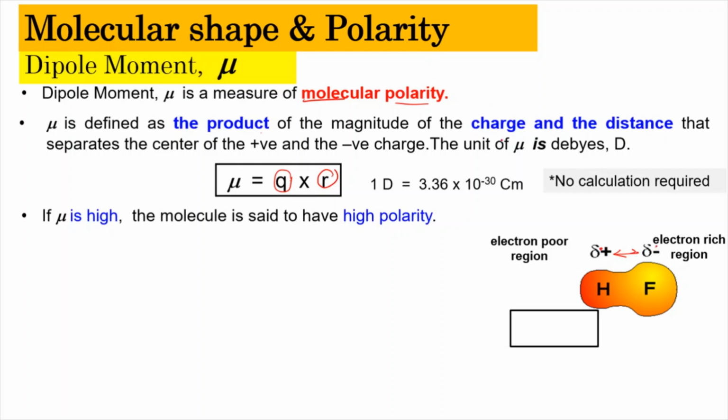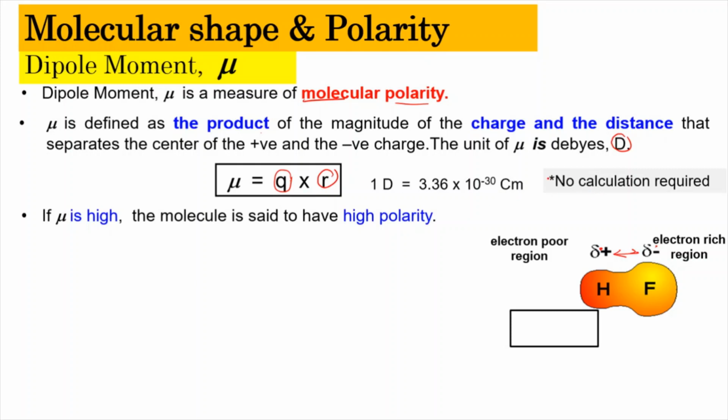And the unit for the dipole moment is the debye, or labeled as D here, where D has a value of 3.36 times 10 to the power of negative 30 coulomb meter. However, in this chapter, we are not interested in the value.